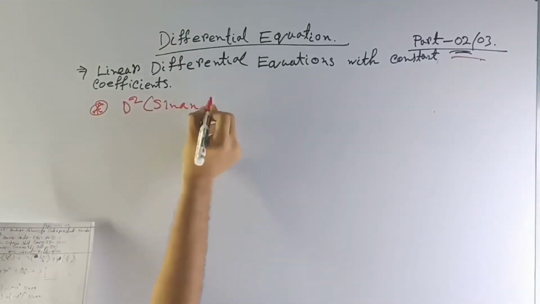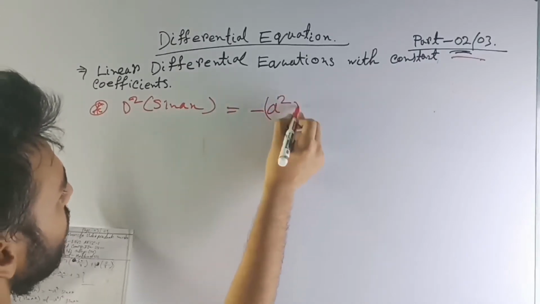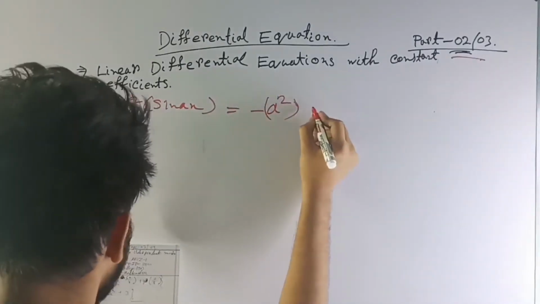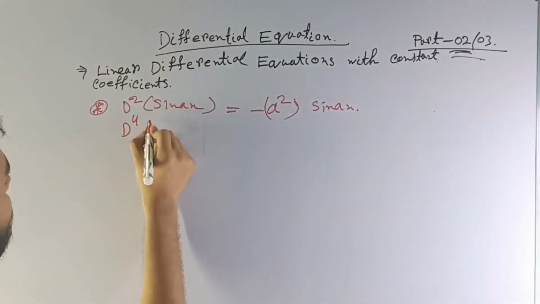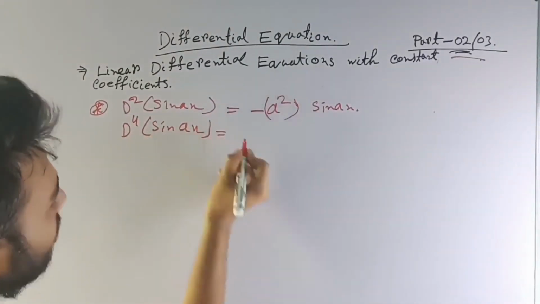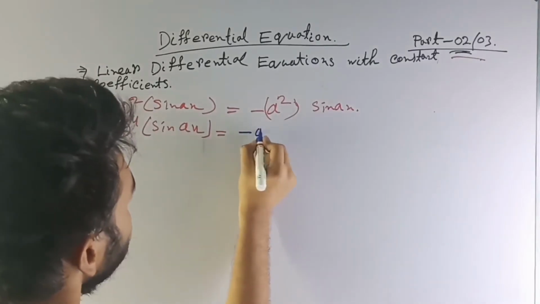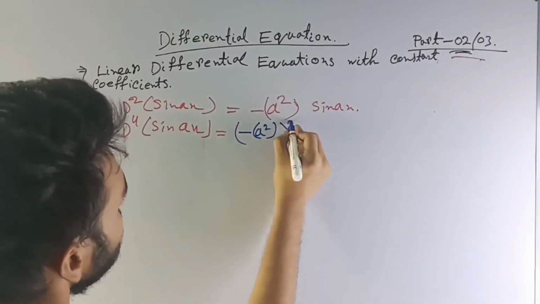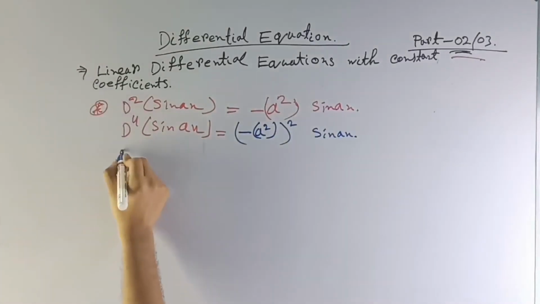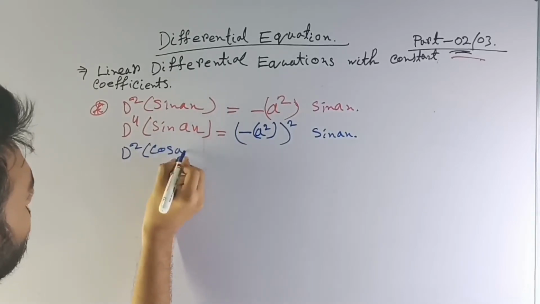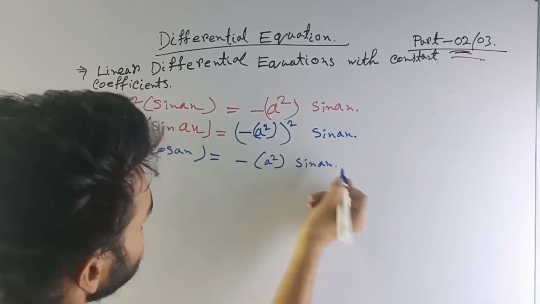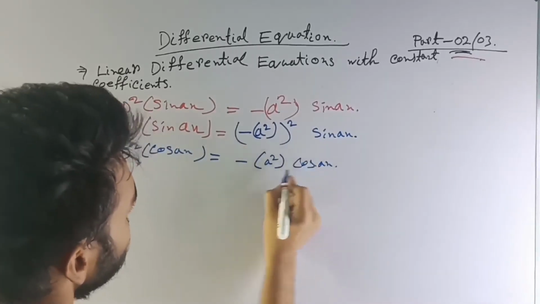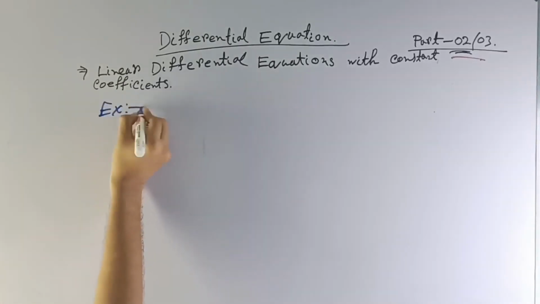So now D square of sin ax equals to minus a square times of sin ax. It's the conceptual only, it's not mathematics. So it's also mathematics concepts. So now D to the power 4 of sin ax equals a square whole square sin ax, and D square of cos ax means minus a square cos ax.